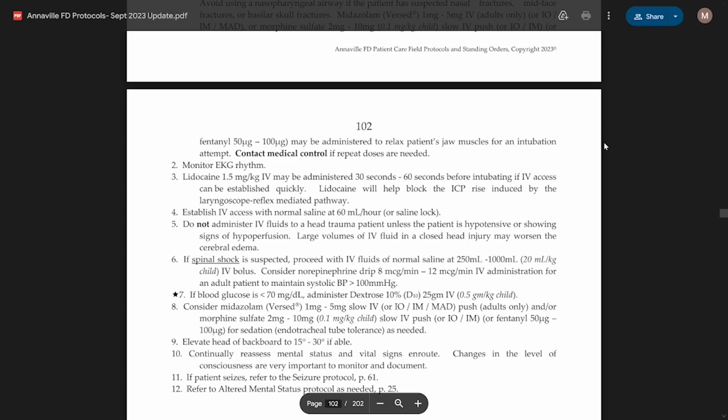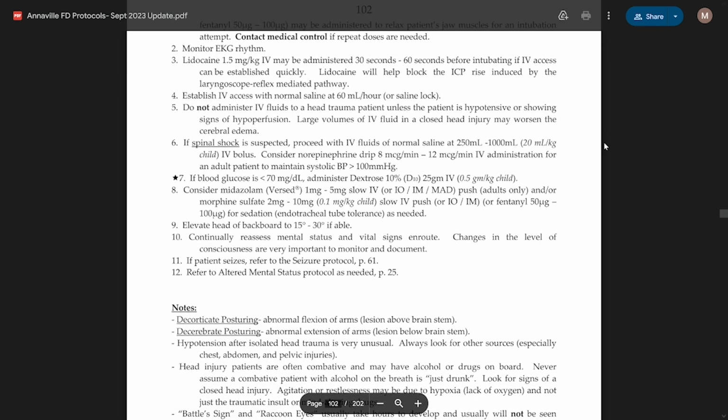Monitor a 12 lead. You can utilize lidocaine 1.5 milligram per kilogram, which can be administered 30 to 60 seconds before intubating if IV access can be established quickly. Lidocaine will help block the intracranial pressure rise induced by the laryngoscope reflex-mediated pathway. Establish IV access with normal saline at 60 mL per hour with a saline lock.